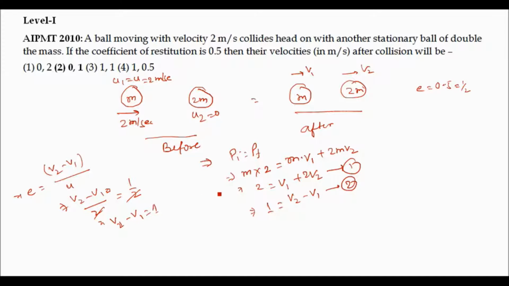If we add these two equations, we get 3v2 is equal to 3 and v2 is equal to 1.